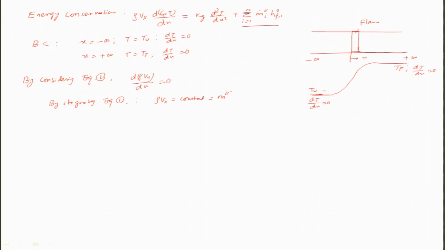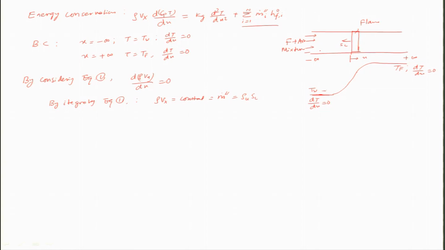Mass flux remains constant for one dimensional flow, and if I call this SL, the flow taking place is nothing but rho U SL, because the fluid, which is fuel plus air or the mixture, will be moving with the same velocity as the burning velocity.